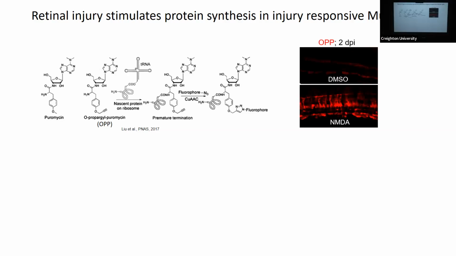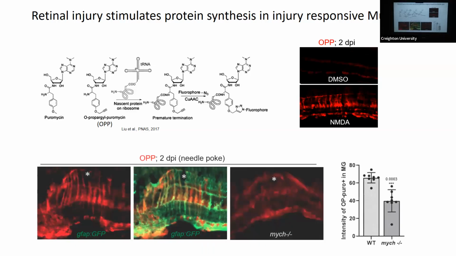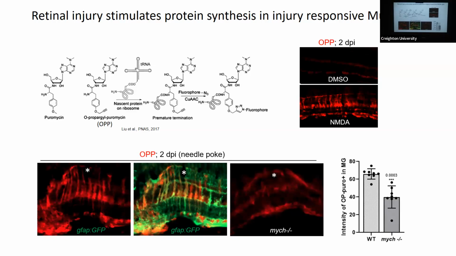And you can see this is now an NMDA damaged retina. So we've damaged the neurons throughout the retina with the neurotoxin NMDA. And you can see in the control, there's very little protein synthesis, a huge amount after we injure. And we confirmed it was Müller Glial, and we confirmed it works with the needle poke injury. This is the protein synthesis after needle poke injury, and you can see it lines up with the Müller Glial processes.